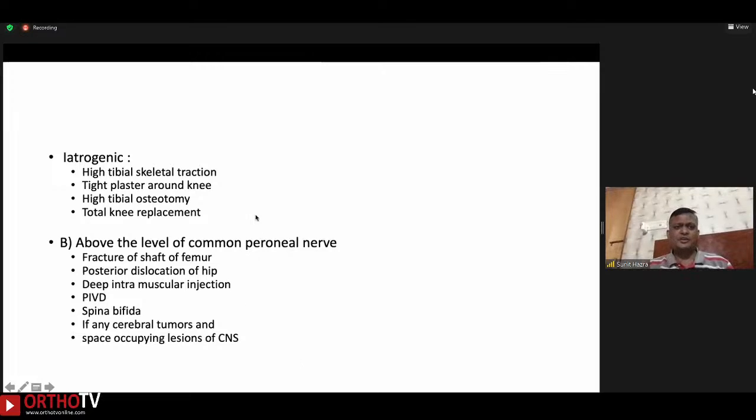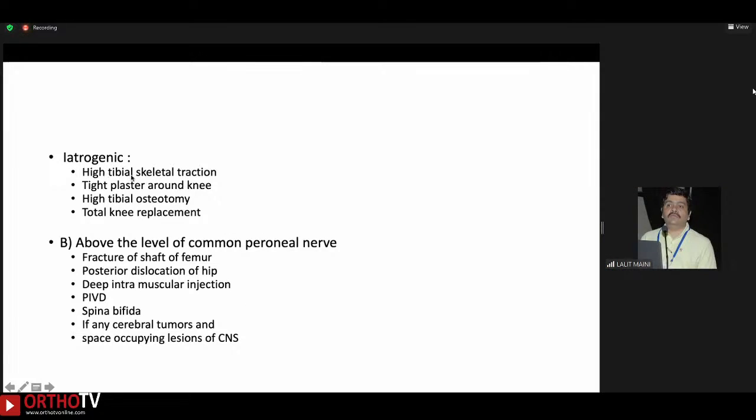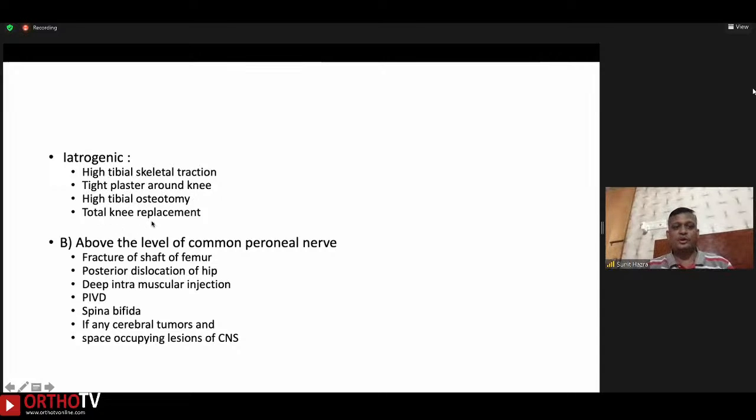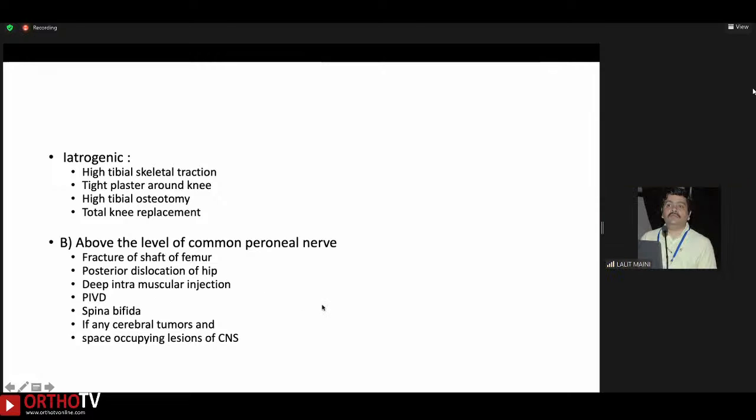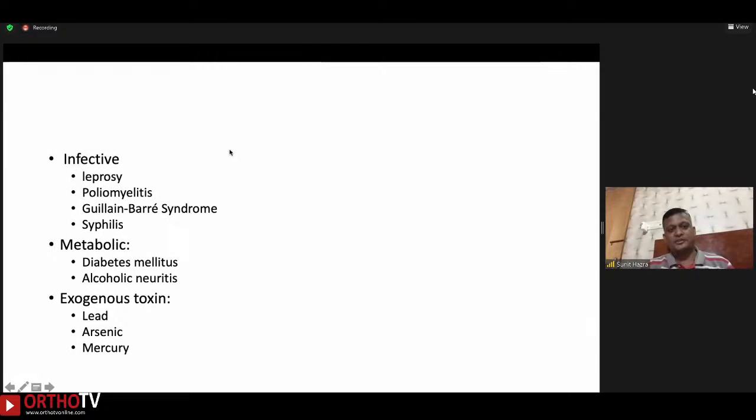The other causes are iatrogenic, which are not that common, such as high tibial skeletal traction, a tight plaster around the knee, high tibial osteotomy, or total knee replacement. Another cause just above is fracture shaft of the femur and various others, which were already discussed. In addition to all these, there are a lot of generalized causes of nerve palsy which might also mimic common peroneal nerve palsy.